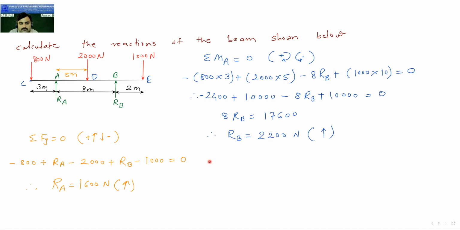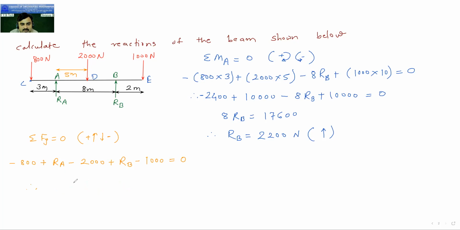Yes, sir. Then Ra is plus. No, Ra's answer is, this answer is correct. See here. This is minus 800 minus 2000 minus 2800 minus 1000.